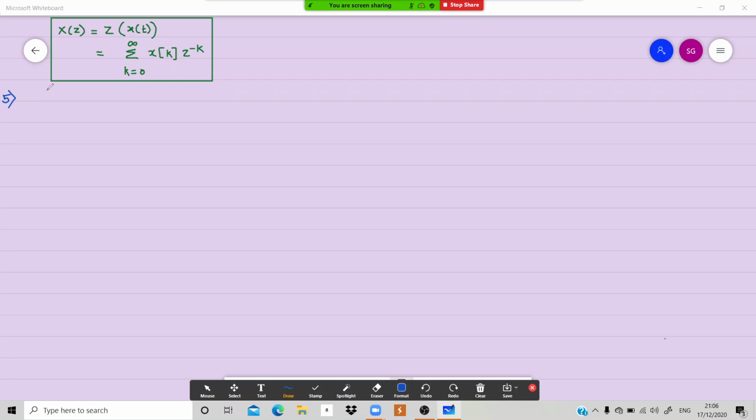That is Z transform of standard discrete signals, or standard digital signals. Both the things are same.